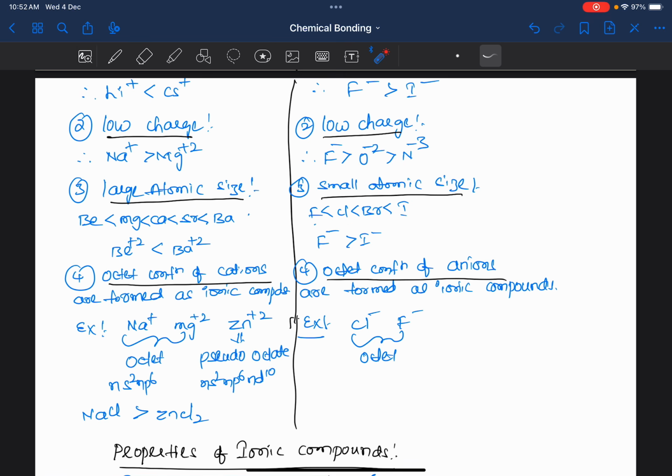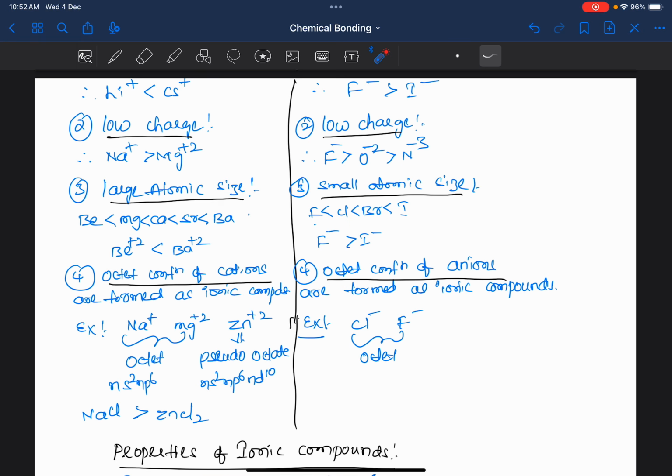Octet configuration means possessing 8 electrons in the valence shell of an atom. Pseudo-octet means possessing ns2 np6 nd10 configuration.